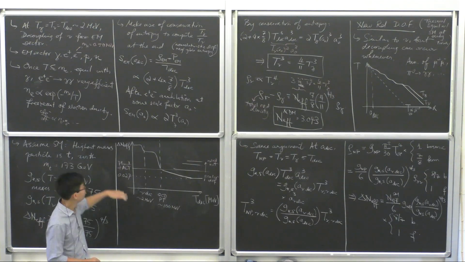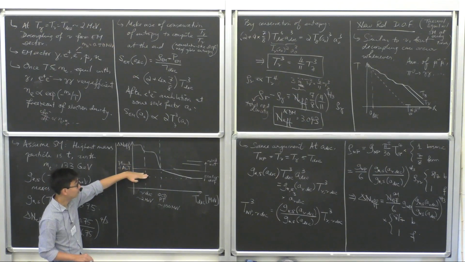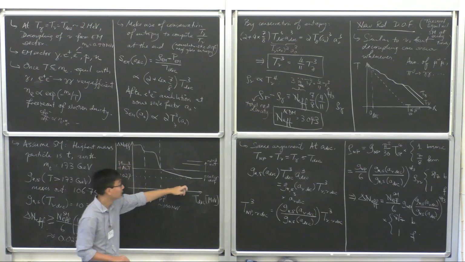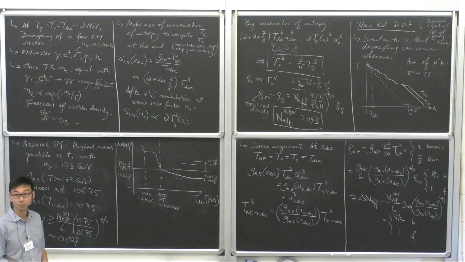All right, and if you're able to push this down some more with more precise N_eff measurements, then this line will come down, and one of the benchmarks that people have is to try to push this as close as possible to the scalar 1 degree of freedom example. All right.